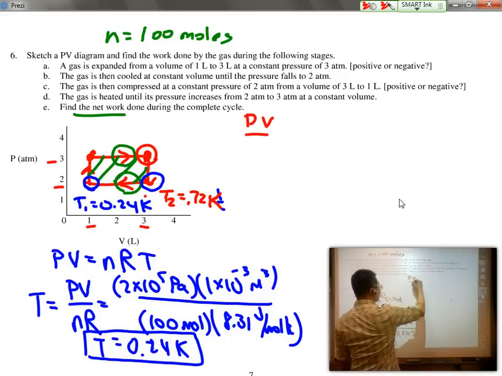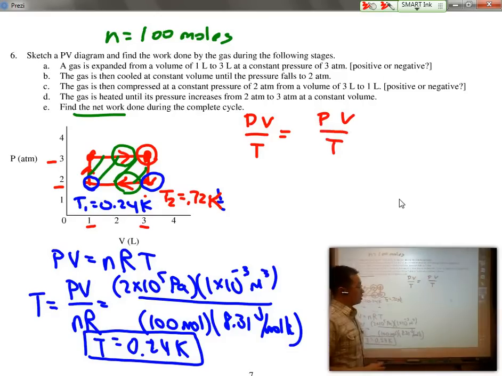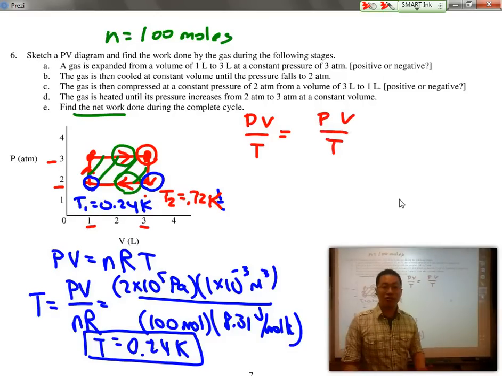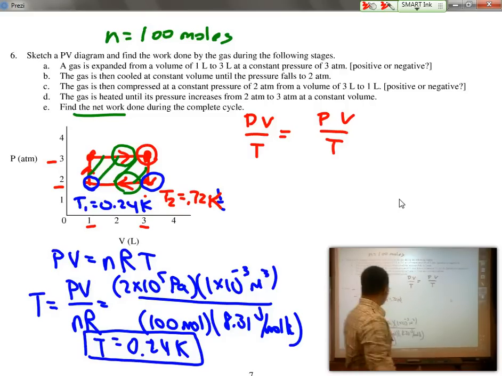We're going to do PV over T equals PV over T. You have to ask yourself, by what factor have these different values changed when you compare the very beginning to the very end?